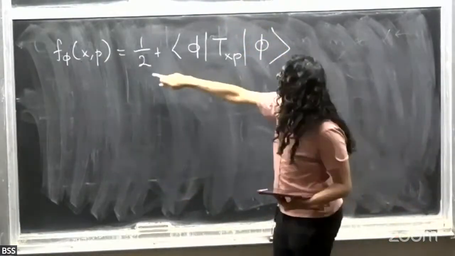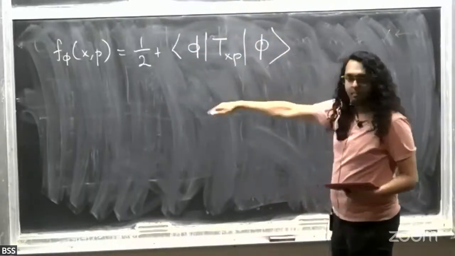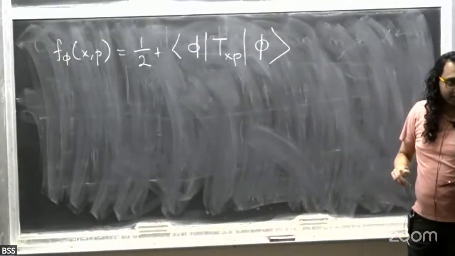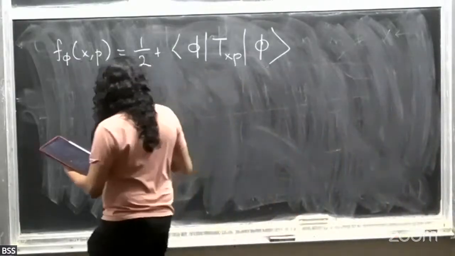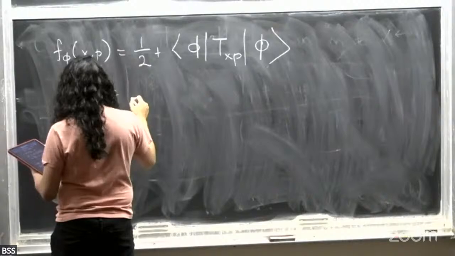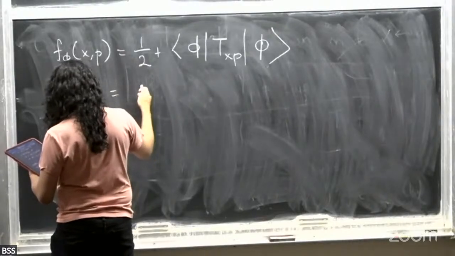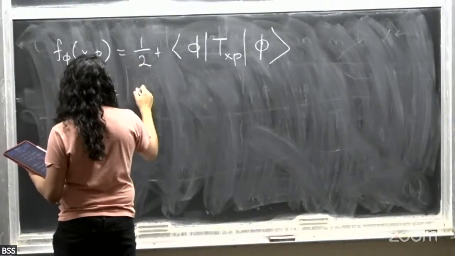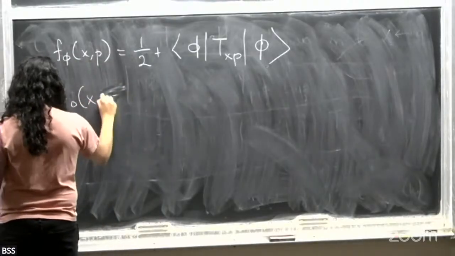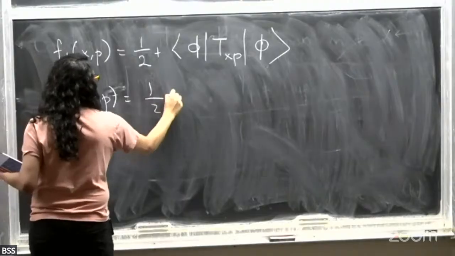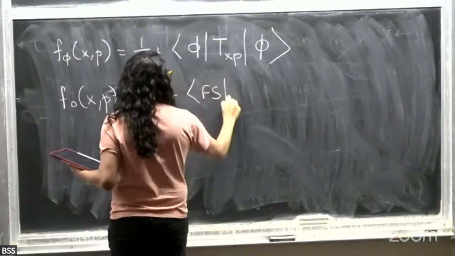And the reason for this half is because we anti-symmetrized the fermion bilinear, right? And if you work this out, this is basically given by, okay, so before that, let me define the ground state distribution function, which is the same thing, but in the Fermi sea.